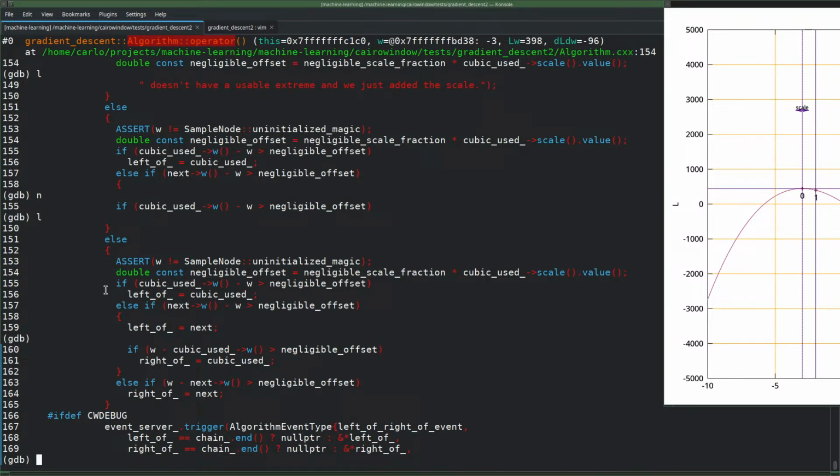What is going on here? It's even left off.